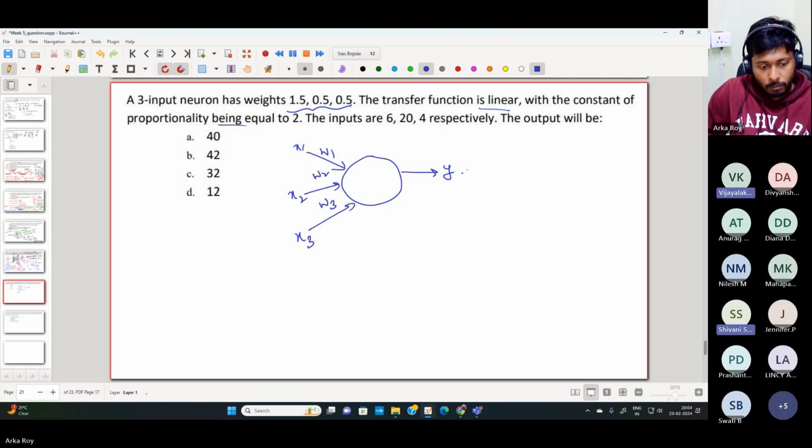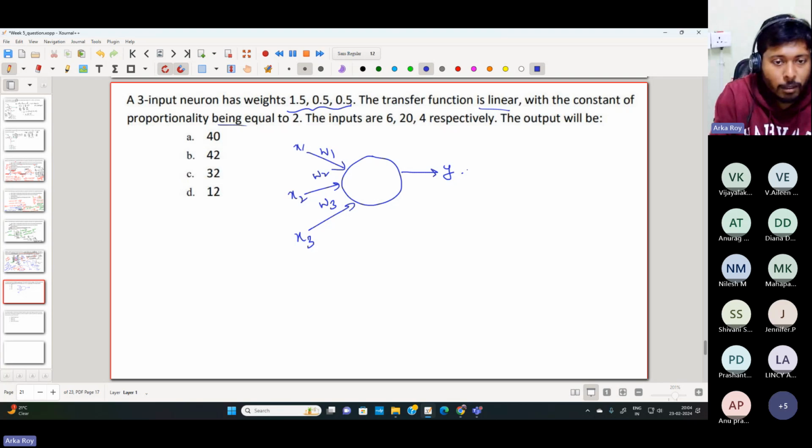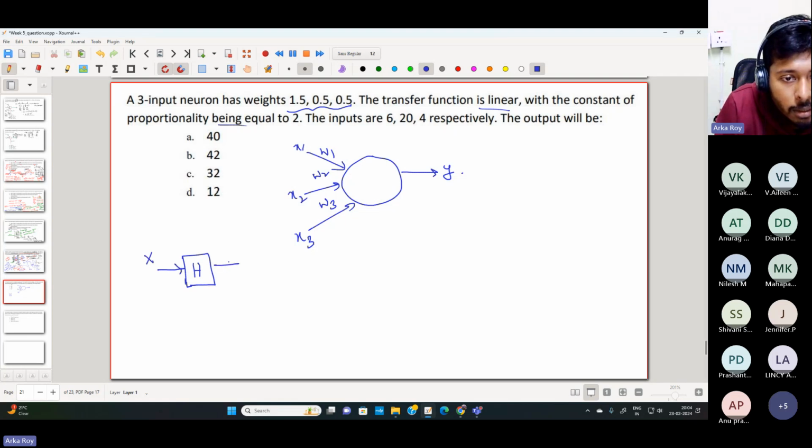The function in frequency domain. Let us consider you have a system H which has an input X and it gives you an output Y. Let me consider the frequency domain as the Laplace domain.